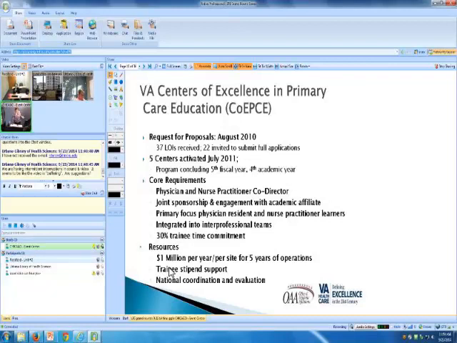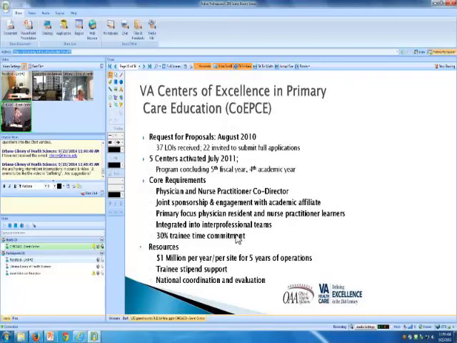The core requirements were that each of these sites has a physician and nurse practitioner co-director, that it's jointly sponsored with engagement of the academic affiliate, and when we did write the proposal, our academic affiliates at UIC did participate in writing the RFP. And our primary training focus was physician residents and nurse practitioner students, and others could join in, but that was the main focus.